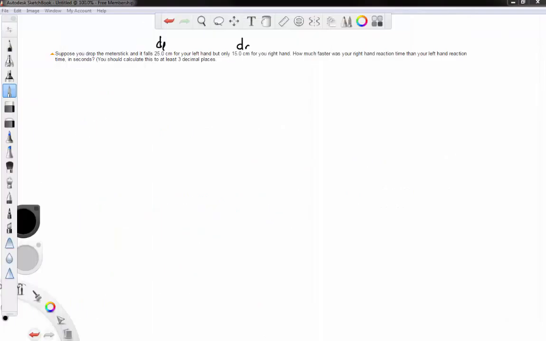So what that means is that we need to convert these into meters. That means move the decimal place over 2 spaces. So this is 0.250 meters. This one is 0.150 meters.